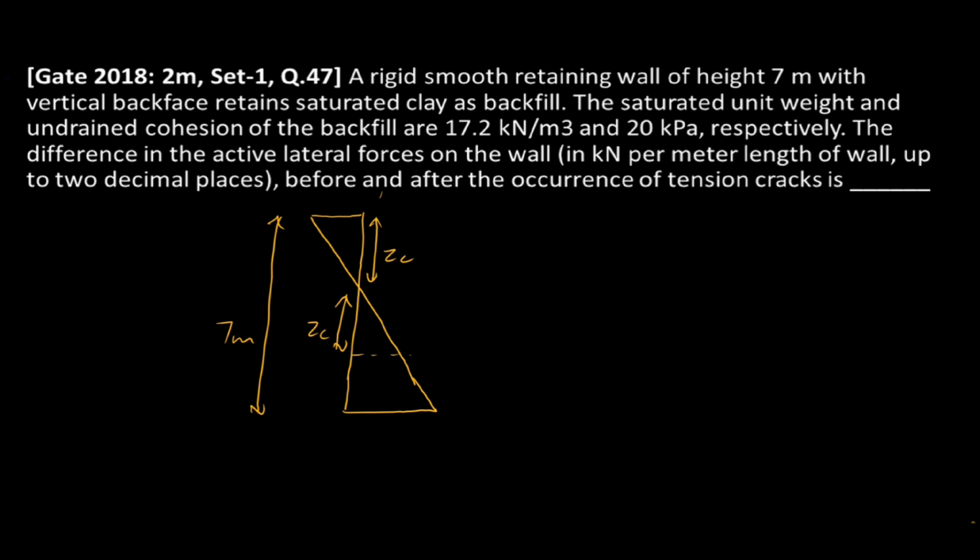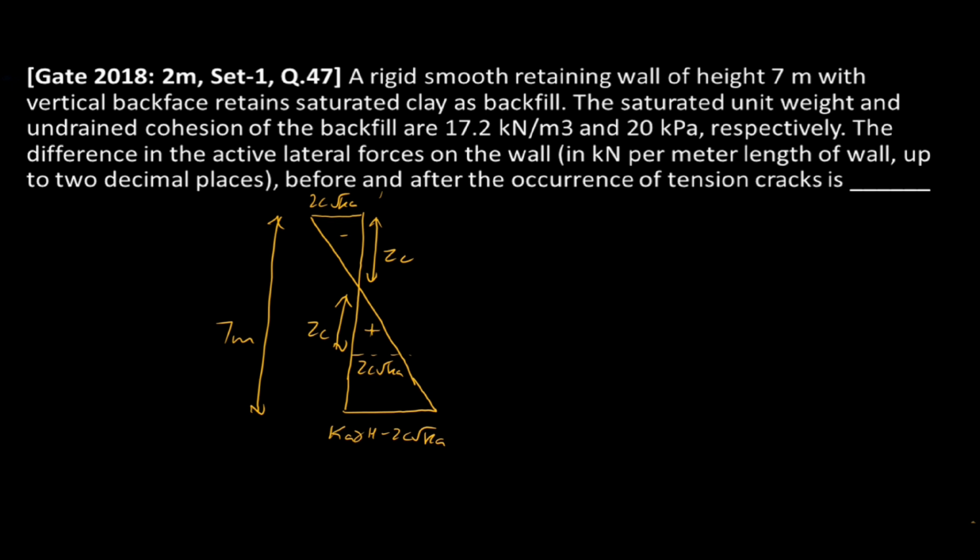So at the top, the value of active earth pressure will be equal to 2C root Ka, which is the tension zone, and this one is the compression zone. So this one also will be equal to 2C root Ka, and active earth pressure at the bottom of the wall will be equal to Ka gamma H minus 2C root Ka.